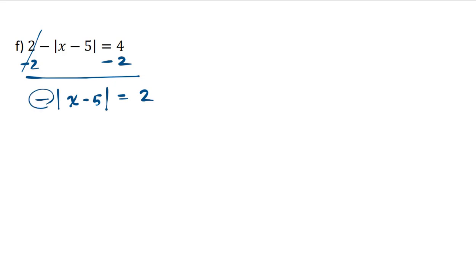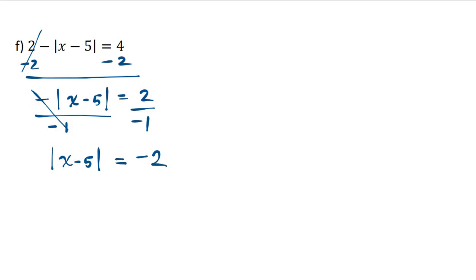So remember not to distribute the negative sign to the absolute value expression because absolute value is not a set of parentheses. Think of this as the absolute value of x minus 5 times a negative 1. And therefore, to get rid of this negative, we can divide everything by negative 1. And that will isolate the absolute value term for us. 2 divided by negative 1 is negative 2.